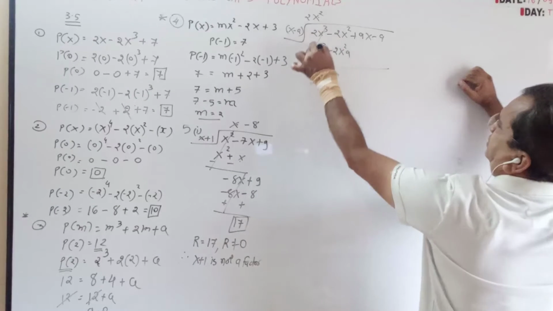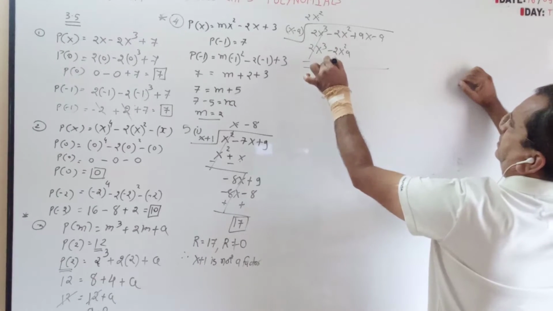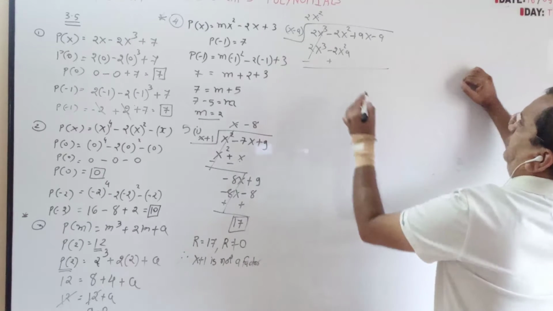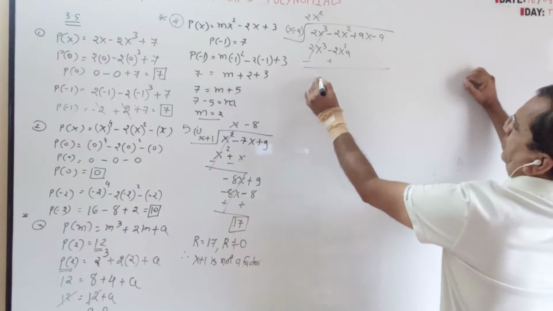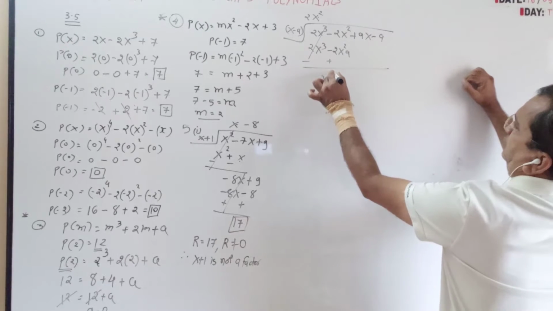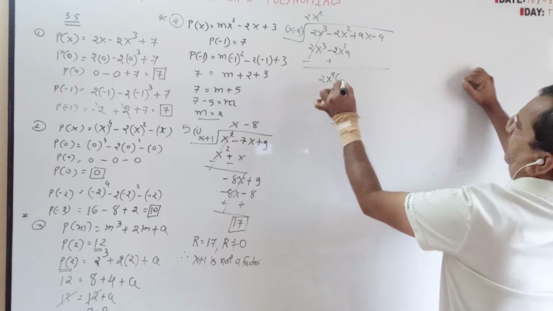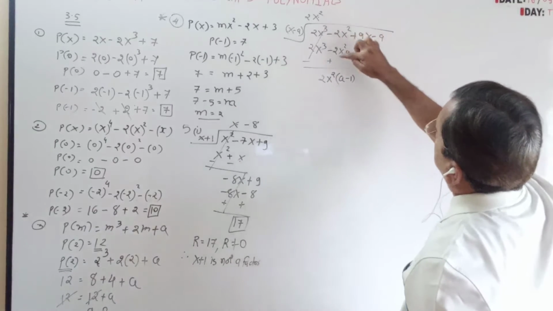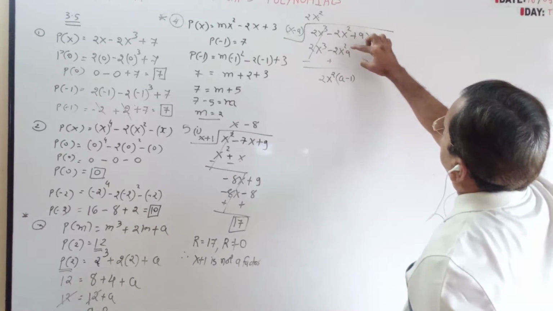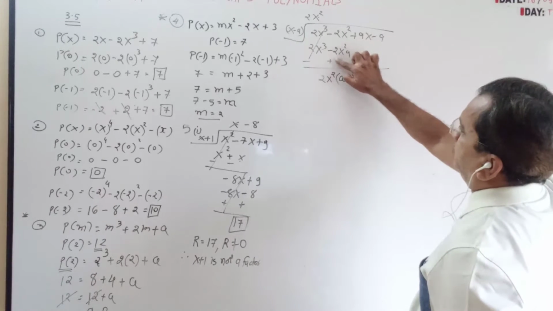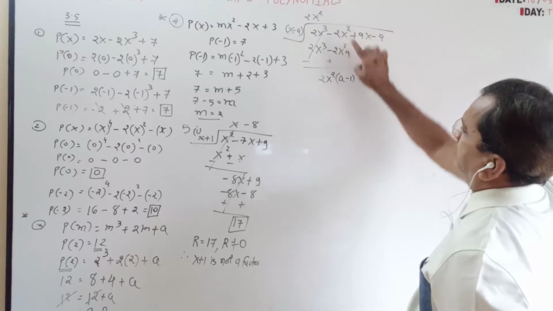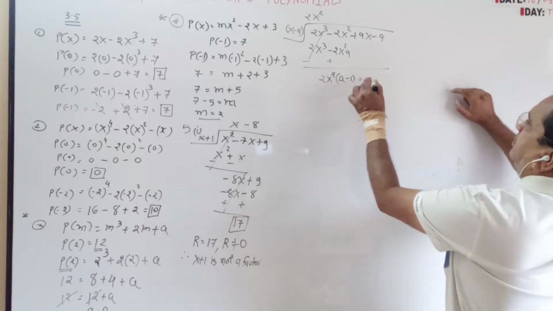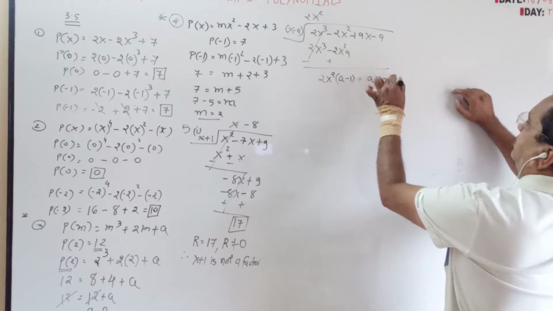Now minus cancel, plus. So 2x square common, a minus 1: 2x square a minus 2x square. So 2x square I have taken common, a minus 1 plus ax minus a.